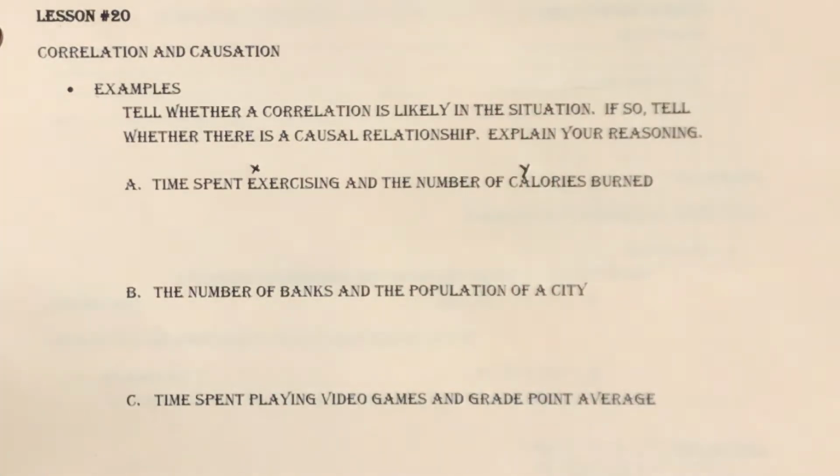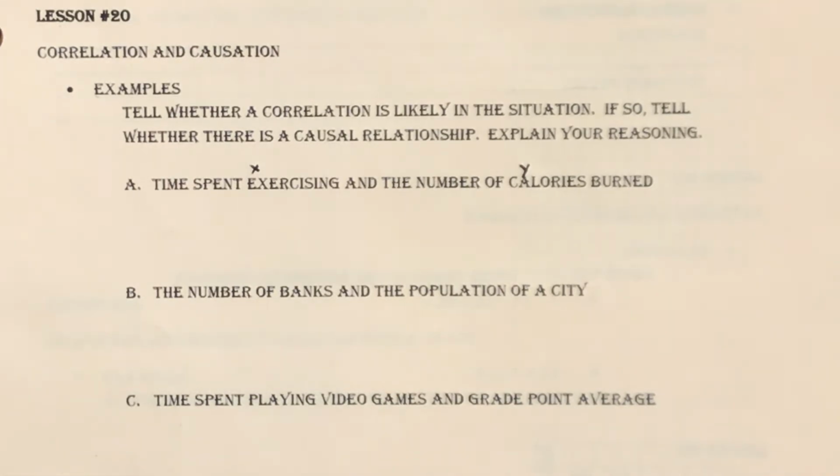If I were to spend 10 minutes exercising, what I need to decide is where would my calories burned be? If I spent no minutes, I'd burn no calories. If I spent 1 minute, I might burn 3 calories. If I spent 2 minutes, I'd probably burn a couple more calories, maybe 5 or 6. If I spent 10 minutes, I may be up to like 50 calories.